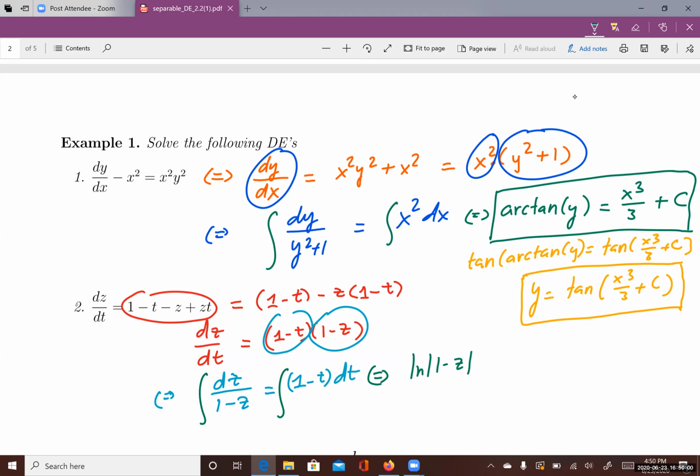And the integral of 1 minus t is t minus t squared over 2 plus c. All right. Now, if I want to solve for z, I can try to solve for z. So remember, we have the absolute value here just to make sure that 1 minus z is positive.